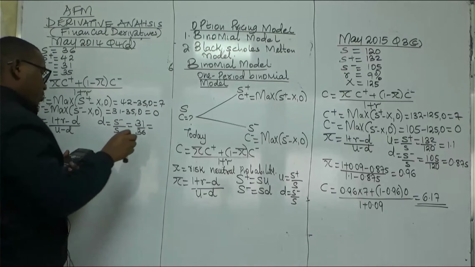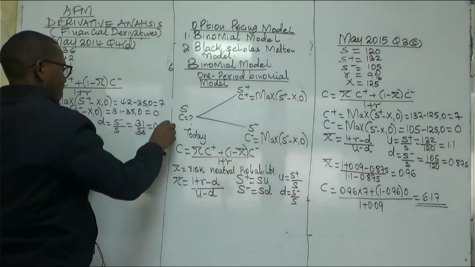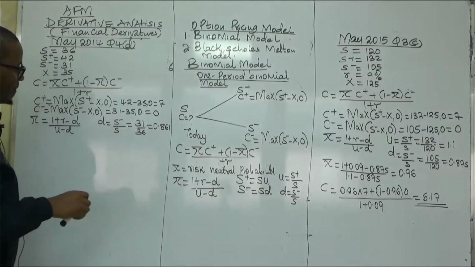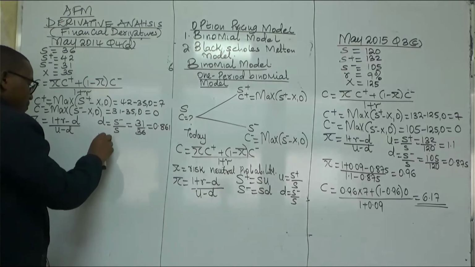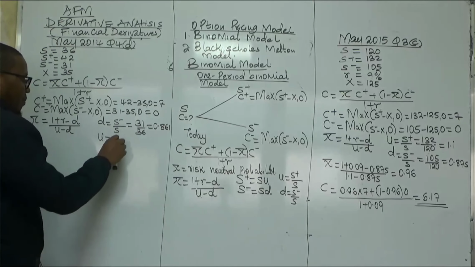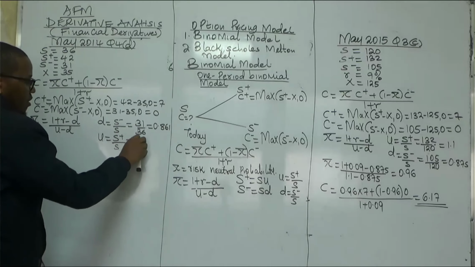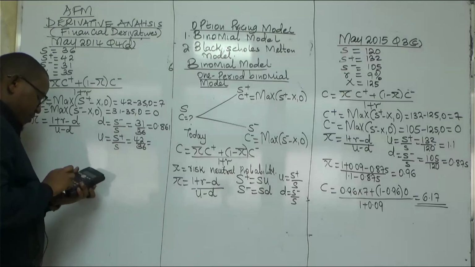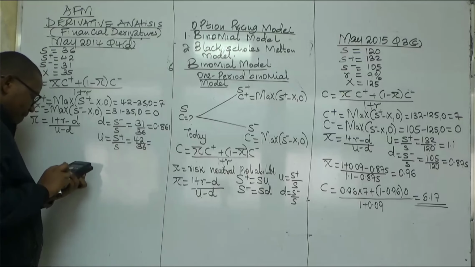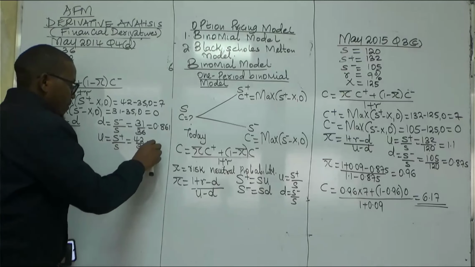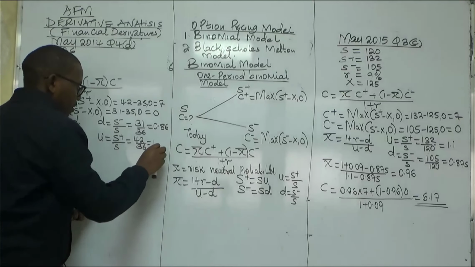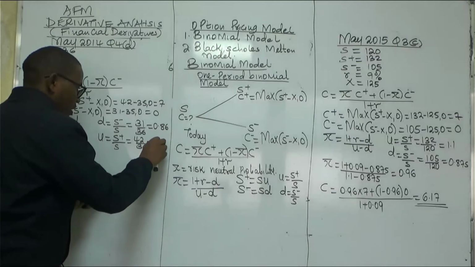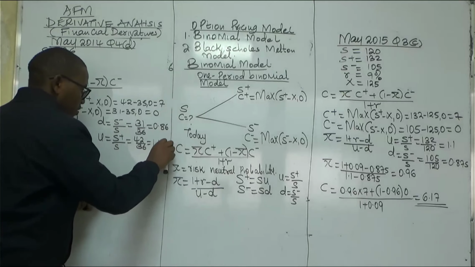This is 0.861. U will be S plus divided by S. 42 divided by 36 to be how much? This will be 1.17.